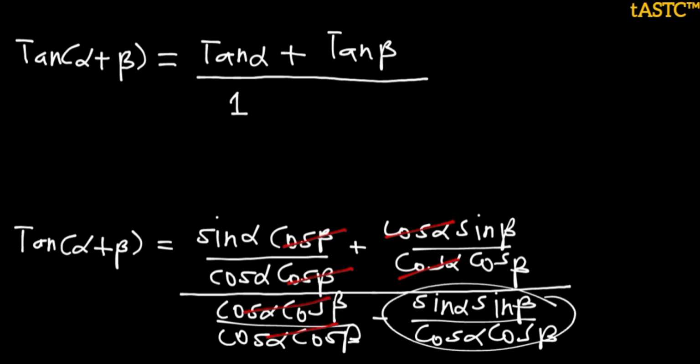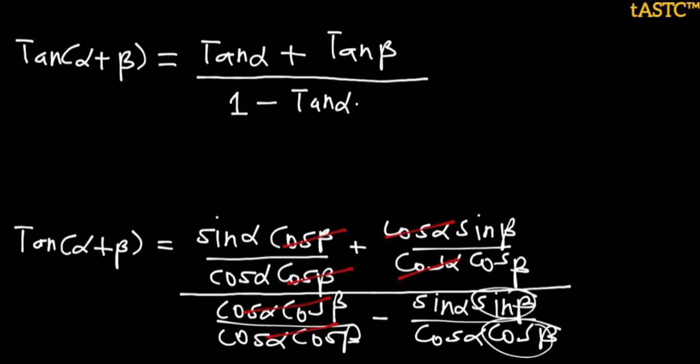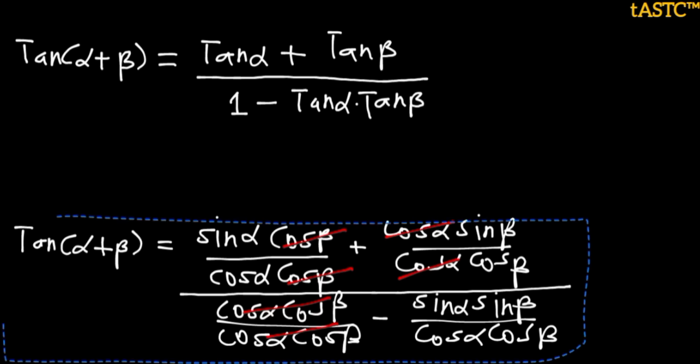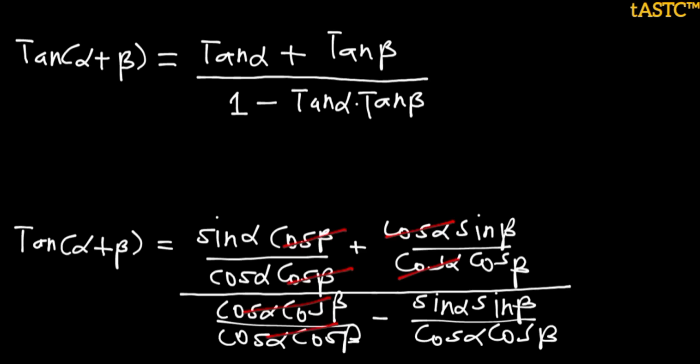Here we have sine alpha divided by cos alpha, which gives us tan alpha, multiplied by sine beta divided by cos beta, which gives us tan beta. So that will be the answer for tan of alpha plus beta.